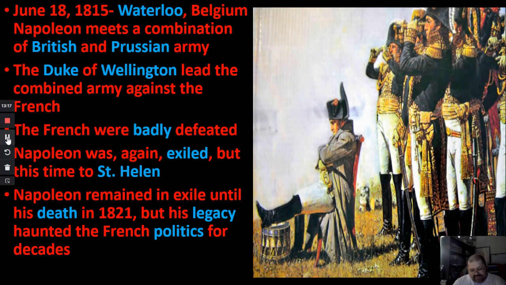Now here's the thing: on June 18th, 1815, at Waterloo, which is in Belgium, Napoleon meets a combination of British and Prussian army. The guy in charge of this army is a guy named the Duke of Wellington.